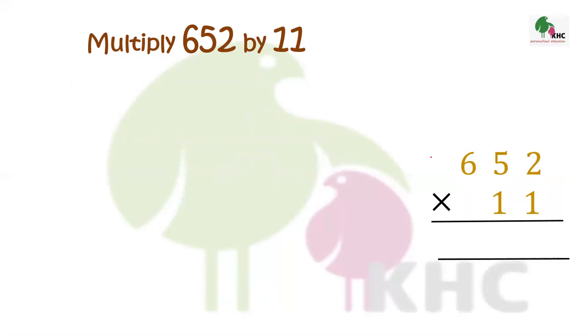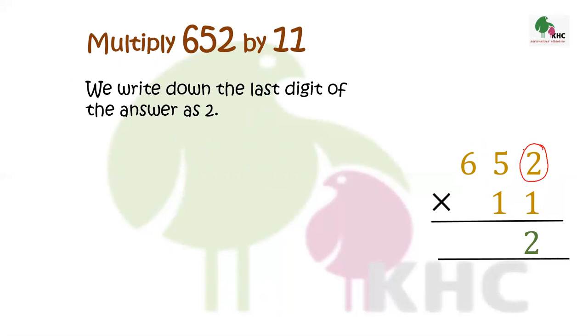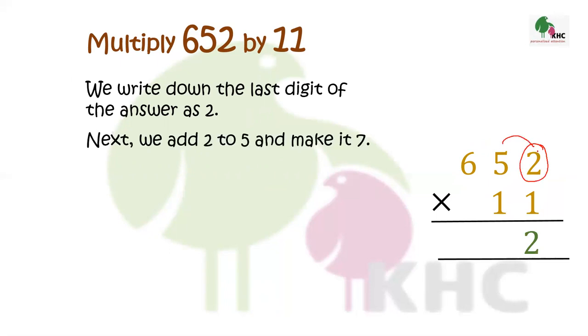Next, to multiply 652 by 11. Now here there are three digits, okay? In that case, what should we do? First of all, we write the first digit, 2, as it is. After that, we add 5 plus 2, which is equal to 7. 7 is the next digit.